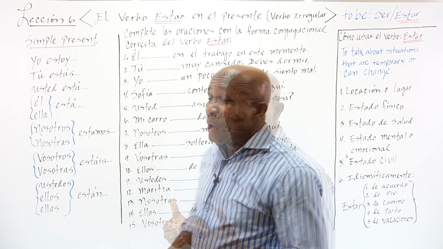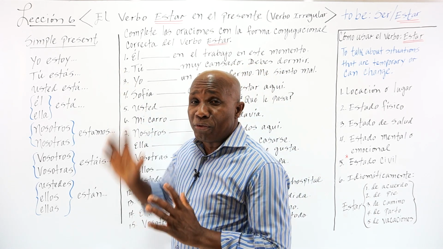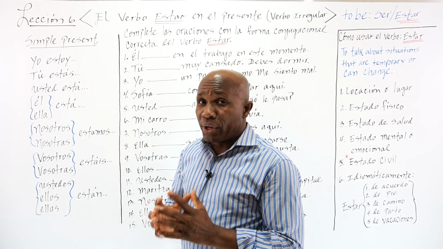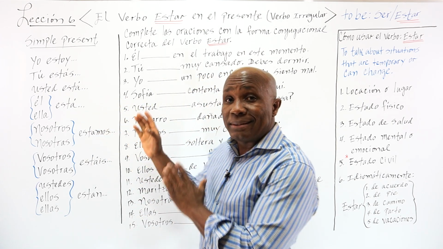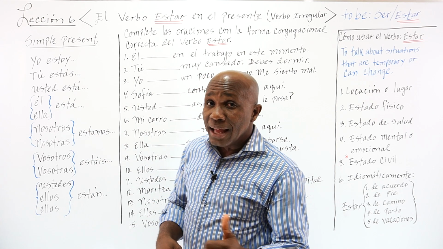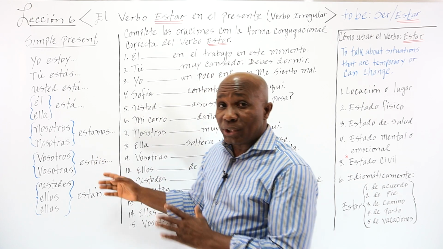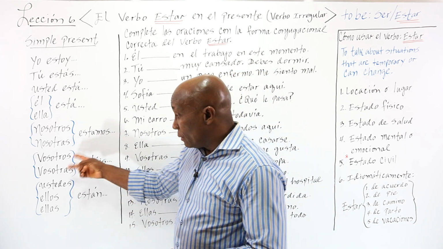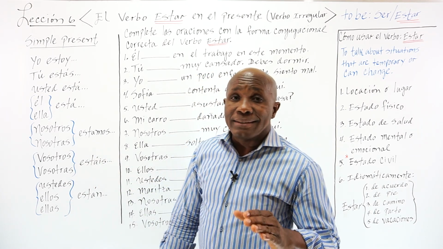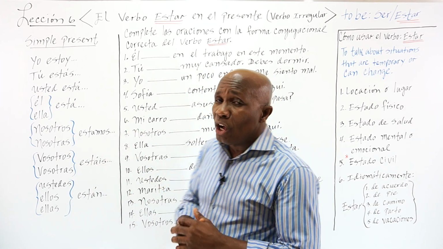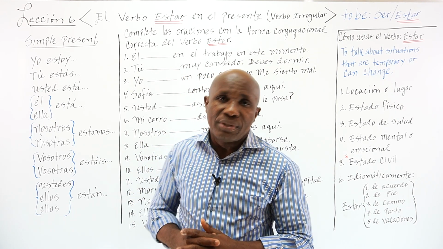I hope that you have understood it. Yo estoy, tú estás, usted está, él, ella está, nosotros, nosotras estamos, vosotros, vosotras estáis, used in Spain, remember. Ustedes, ellos o ellas están. And that is the conjugation of the verb estar in the simple present tense, okay?